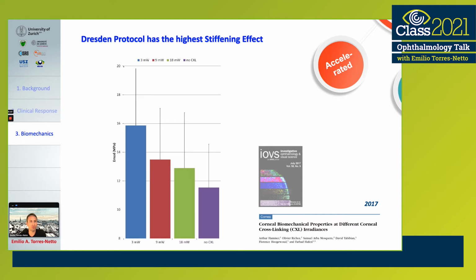So the Dresden protocol, represented here in the blue column, still has the highest stiffening effect, but as we accelerate or decrease the time of the surgery, the biomechanical stiffening effect also decreases.